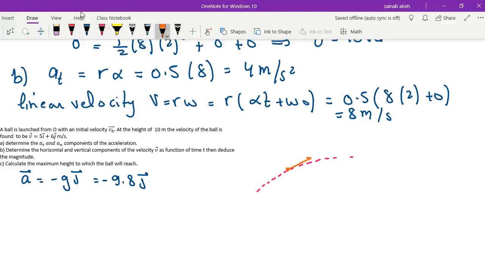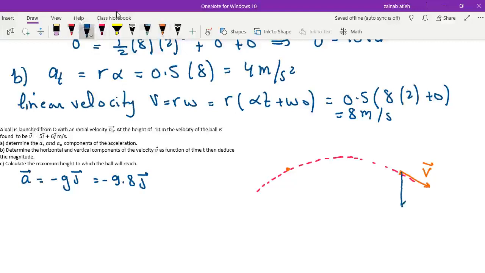This is v. I will draw it somewhere else to make the figure more obvious. So this is the projectile. This is v, always tangent at any point, and the acceleration is always vertically downward.